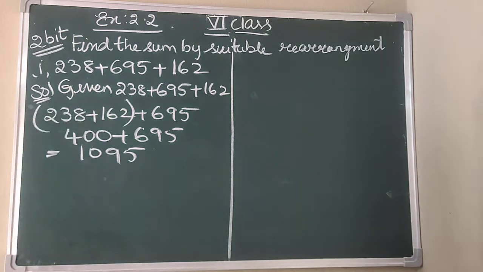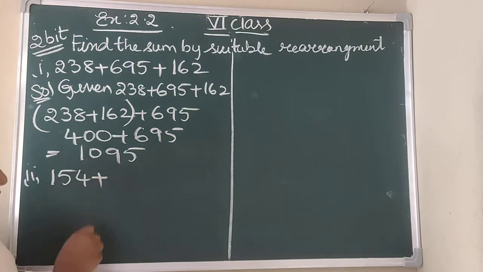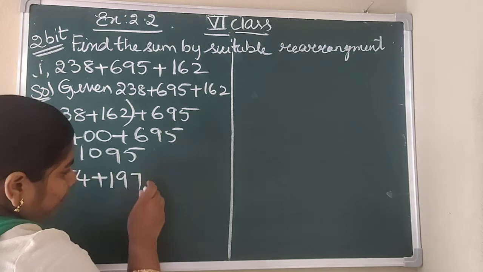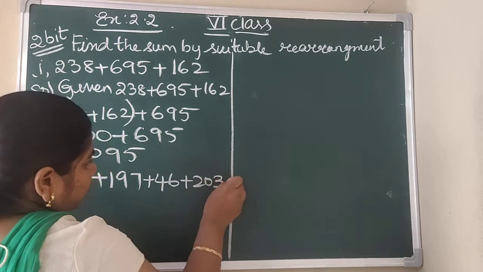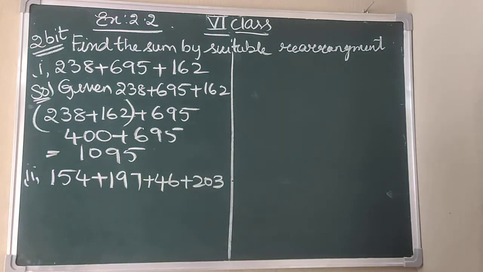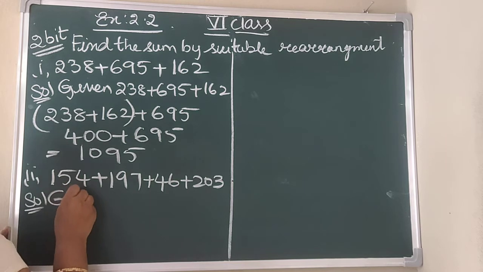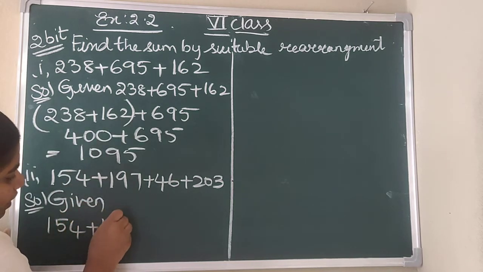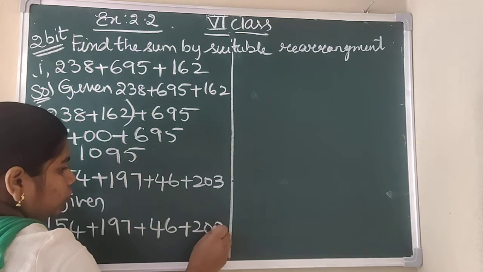Second one: 154 plus 197 plus 46 plus 203. Again we have to rearrange this also. First given, 154 plus 197 plus 46 plus 203.